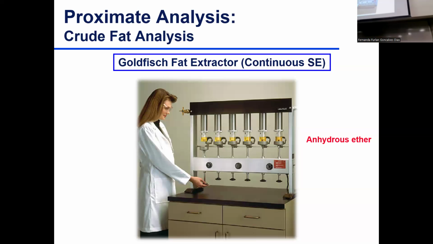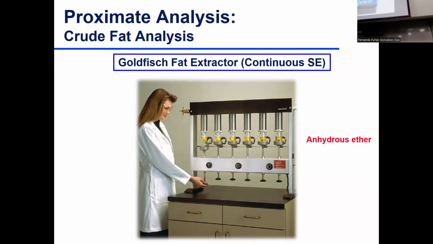What you can do later is take this beaker, dry it, remove the solvent, and then you're going to have your fat left here. The problem is that the solvent keeps coming up and down, up and down. In your thimble, what happens is a formation of a preferential path, which we call channeling, right? Because the solvent is always coming down the same way.